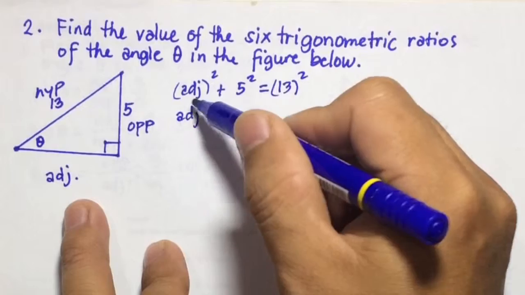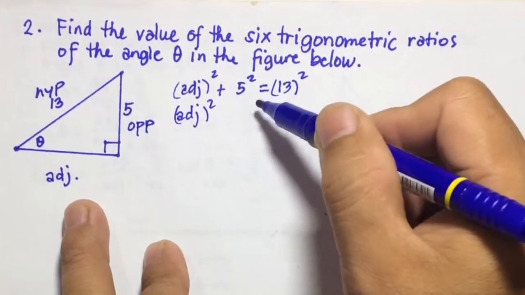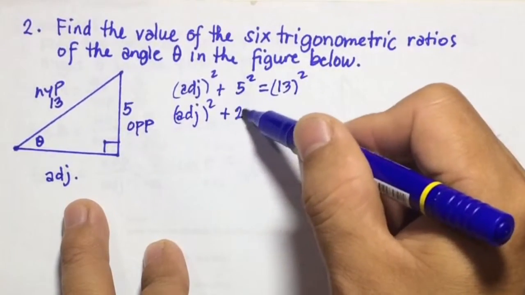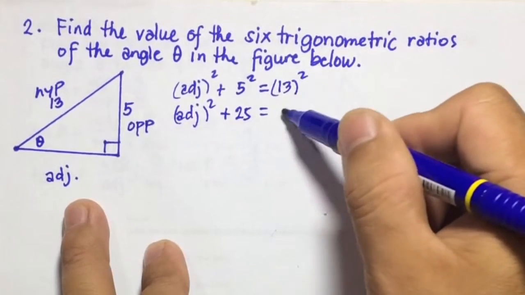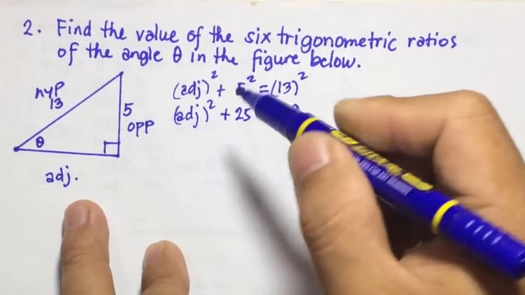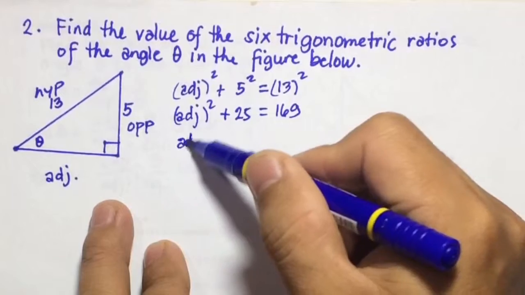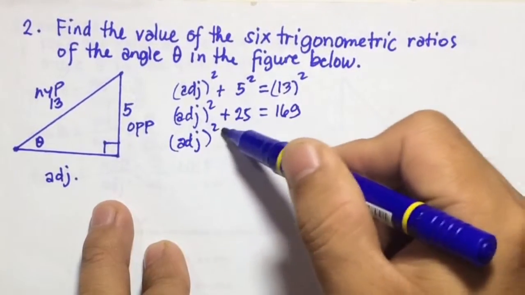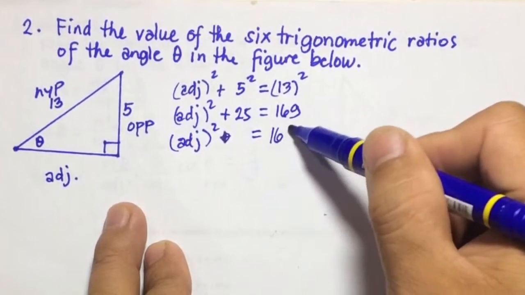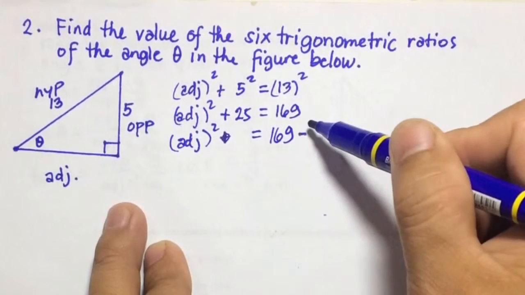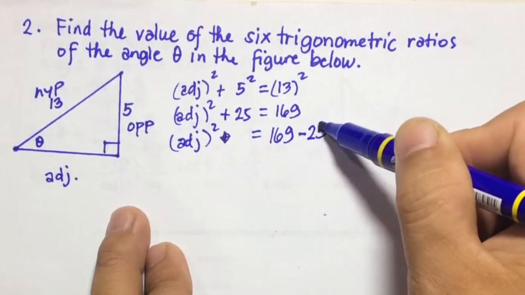So adjacent side squared plus 25, 5 squared is 25, 13 squared is 169. Then adjacent side squared is equal to 169 minus 25.